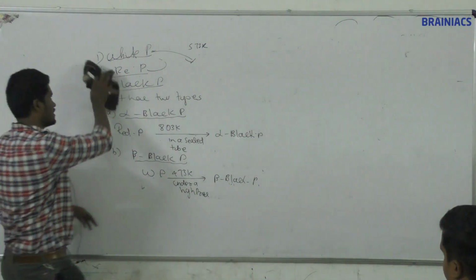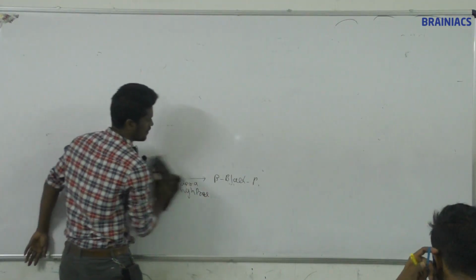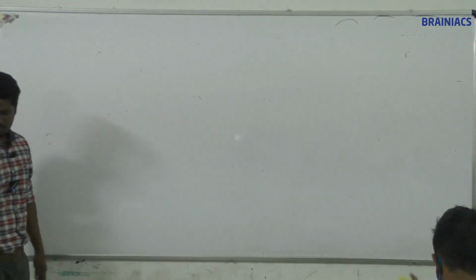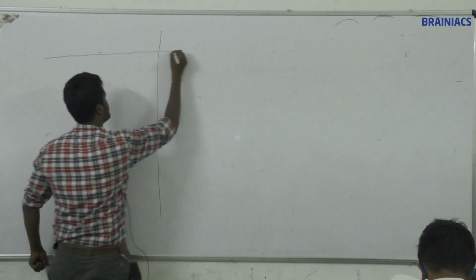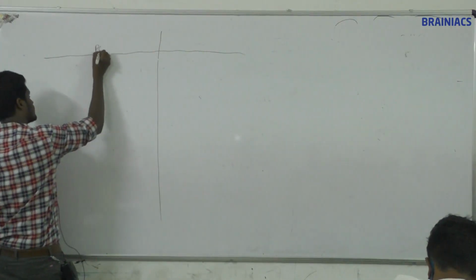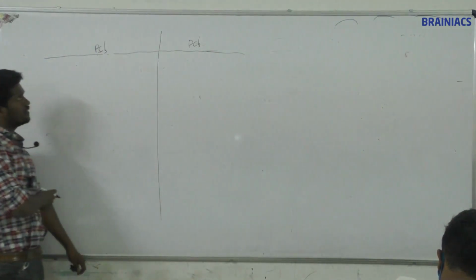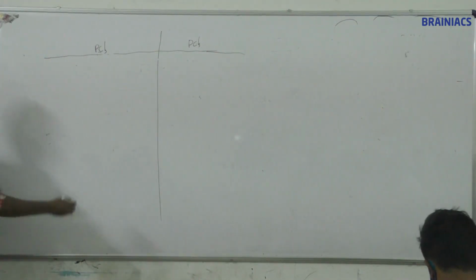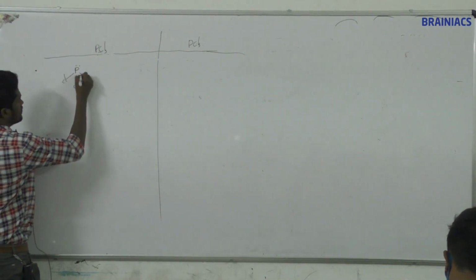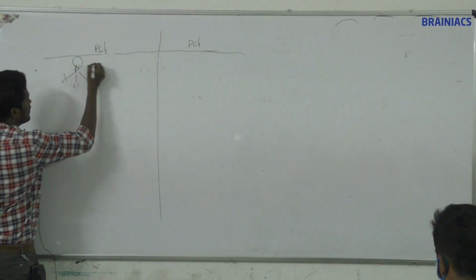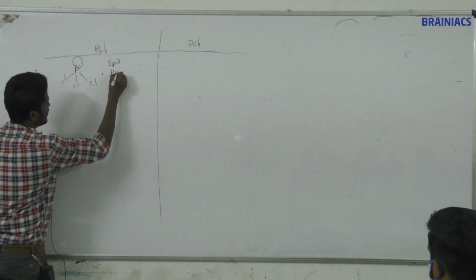Trihalides of phosphorus, simply PCl3 and PCl5. So what is the structure of PCl3? What is the hybridization? sp3. What is the structure?